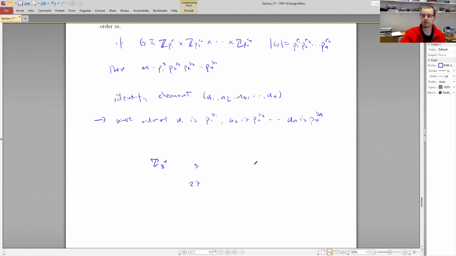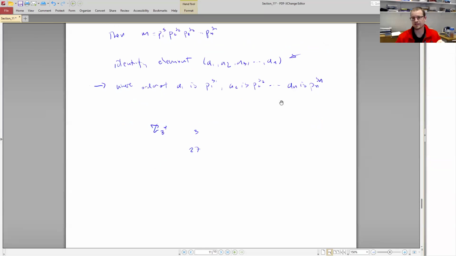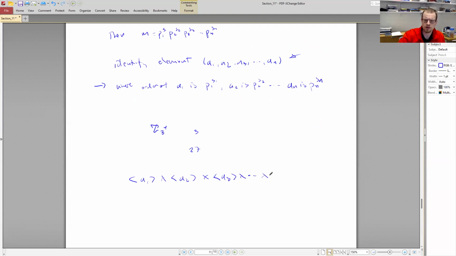Well, actually, I suppose what we can do, rather than taking the order of this particular element and finding a specific element, I apologize, a misunderstanding on my part, is we look at, instead of what's generated by this entire thing, what's generated by A1, take the direct product with what's generated by A2, take the direct product with what's generated by A3, and so on.